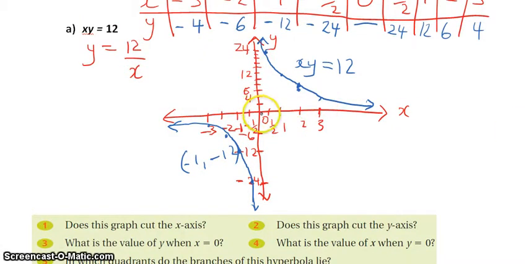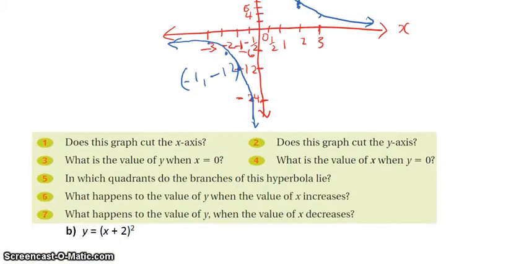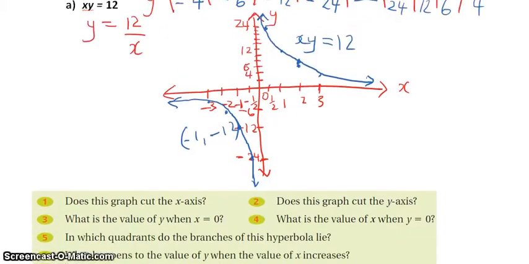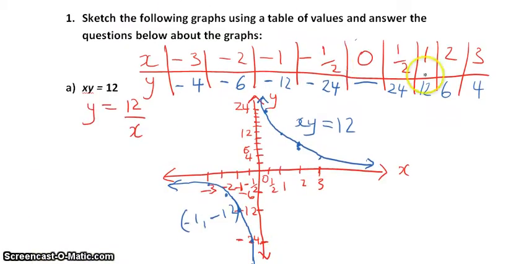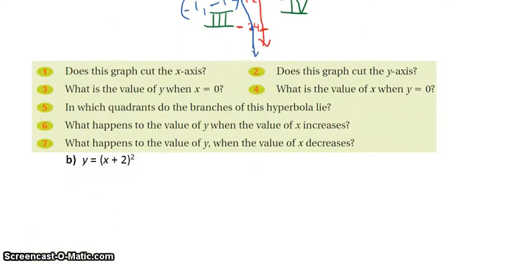So when y is 0, well, there are no x-intercepts, so nothing. In which quadrants do the branches lie? Okay, remember with the quadrant naming, it's 1 in Roman numerals, 2, 3, 4. Okay, it's kind of anti-clockwise order. So they'd be in 1 and 3.